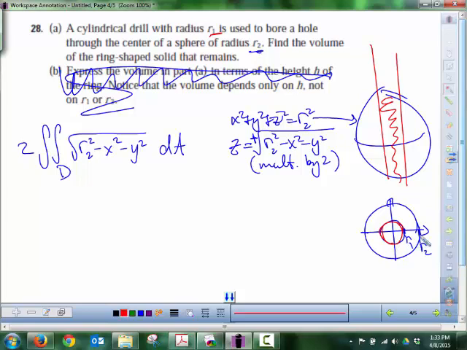And so my domain, my D, is going to be this annulus. This washer. It's called an annulus.